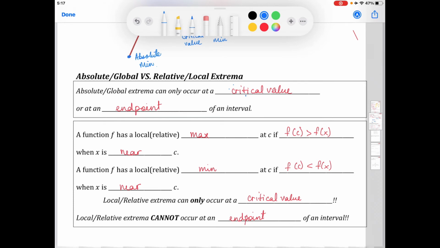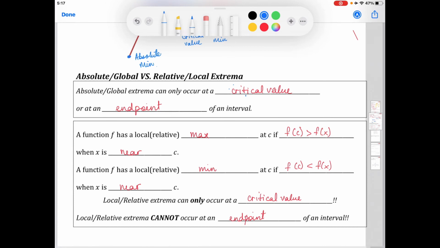A function f has a local relative min at c if f of c is less than f of x when x is near c. Same thing, it will have a relative low point in comparison to the other points around it. So something very important, local relative extrema can only occur at a critical value. And local relative extrema cannot occur at an endpoint of an interval.